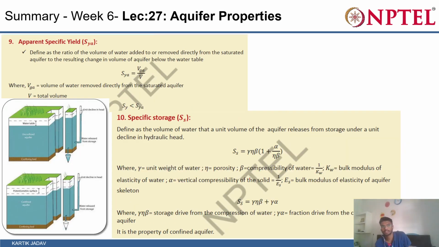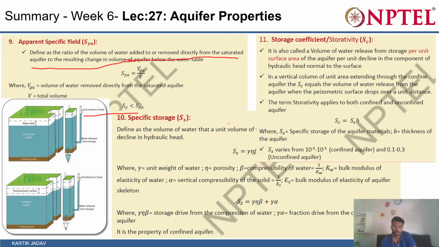And then apparent specific yield, which is defined as the ratio of the volume of water added or removed directly from a saturated aquifer to the resulting change in volume of aquifer below the water table. Then we define specific storage for a confined aquifer and storage coefficient.